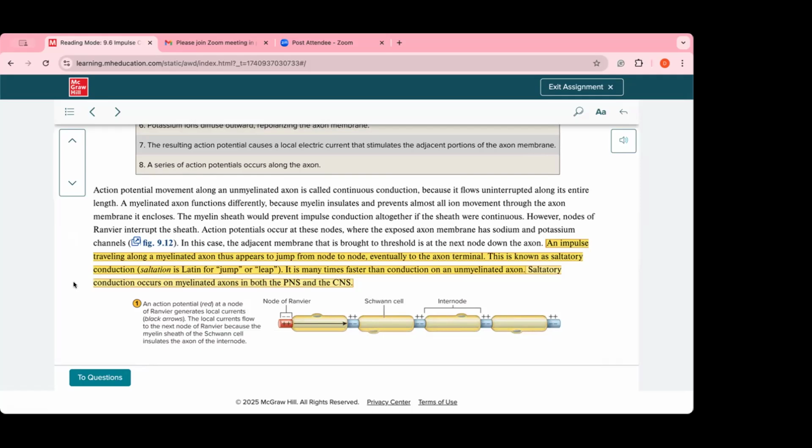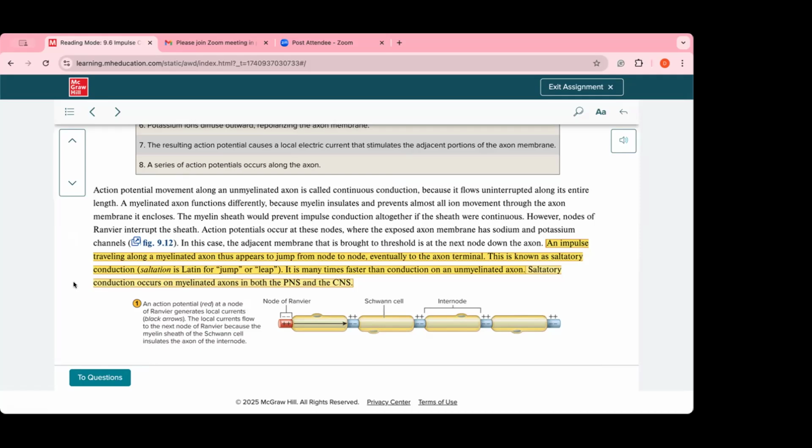Action potentials occur at these nodes where the exposed axon membrane has sodium and potassium channels. In this case, the adjacent membrane is brought to threshold at the next node down the axon. An impulse traveling along a myelinated axon thus appears to jump from node to node, eventually to the axon terminal. This is known as saltatory conduction.